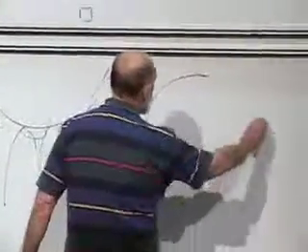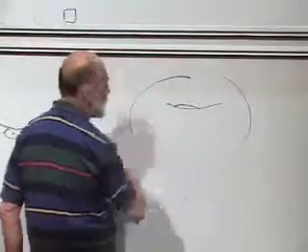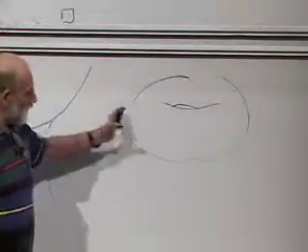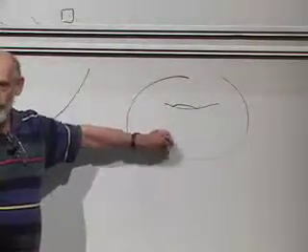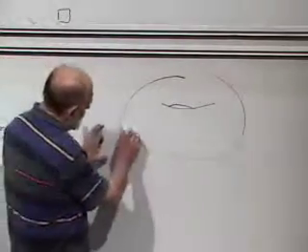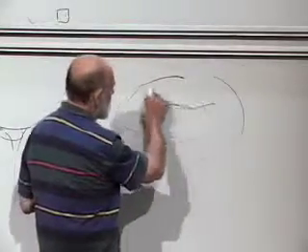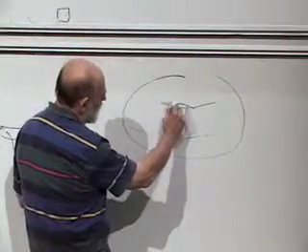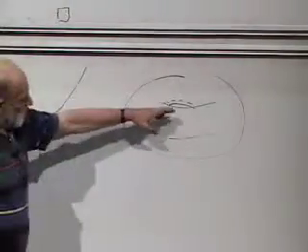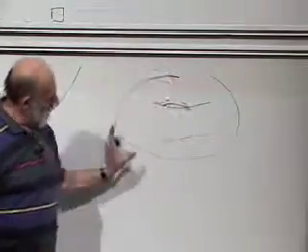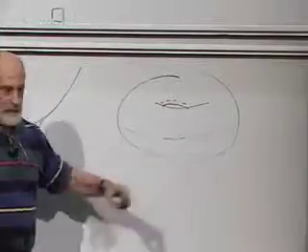So the outer surface of the torus, by the outer surface, I don't mean looking at the torus from the dough. I mean the outer surface is the part around here. The inner surface of the torus is that part. The inner surface is more saddle-shaped. The outer surface is more sphere-shaped.